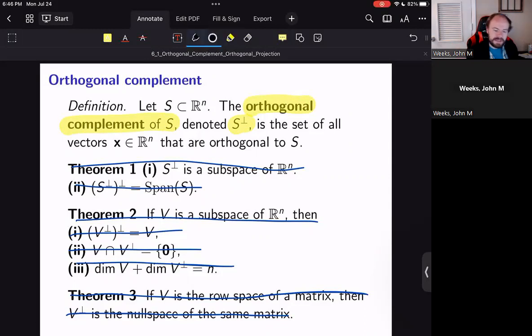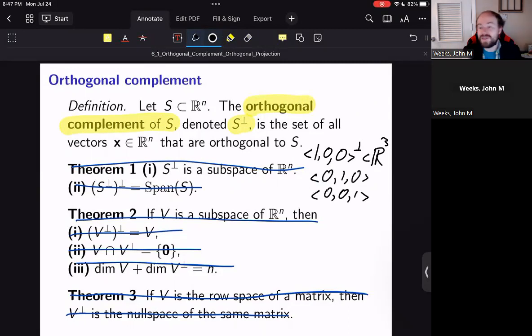So, for example, let's say that we wanted to take {(1, 0, 0)} perp inside of R3. Well, that's going to be the set of all vectors that are perpendicular to this set. Let's think about what vectors would work in here. We would have (0, 1, 0) and (0, 0, 1).